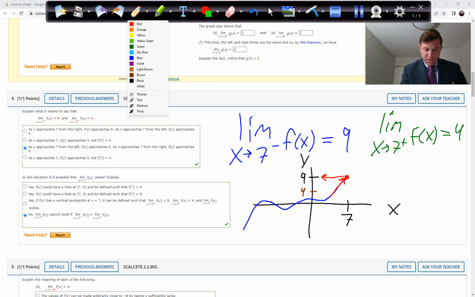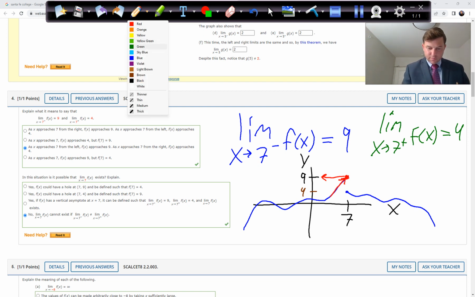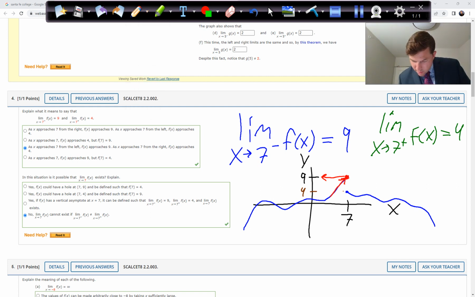I don't know what the function is doing, but as it's coming from the right-hand side, when it gets to 7 from the right, it's approaching 4. So as I approach 7 from the right side, the function is approaching 4.